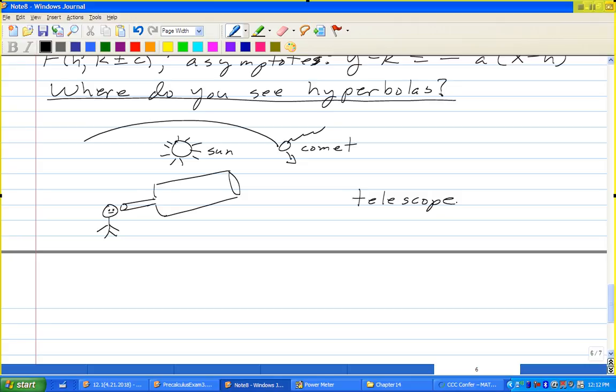Okay. Then you have a mirror here. And so this reflecting mirror is hyperbolic.